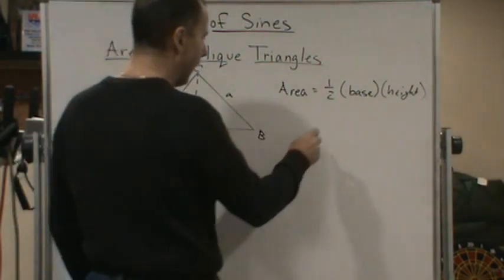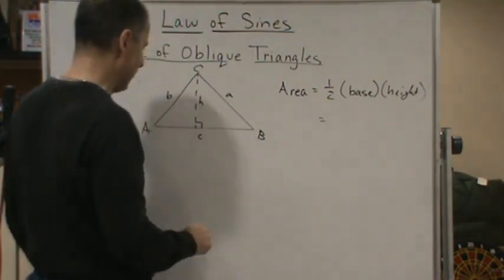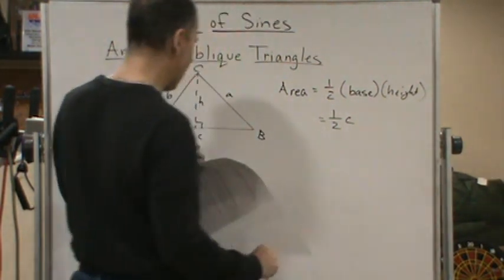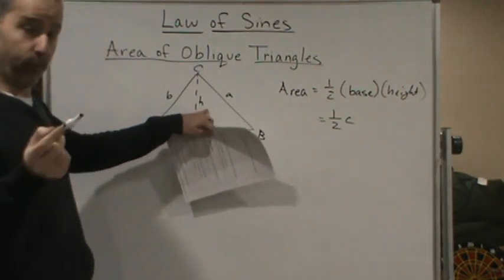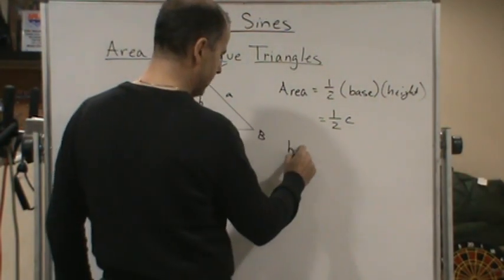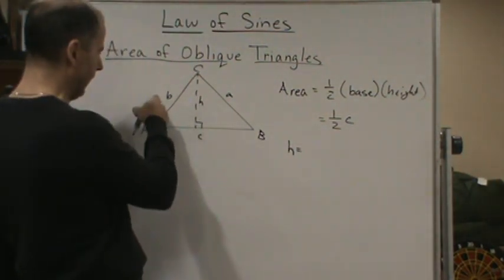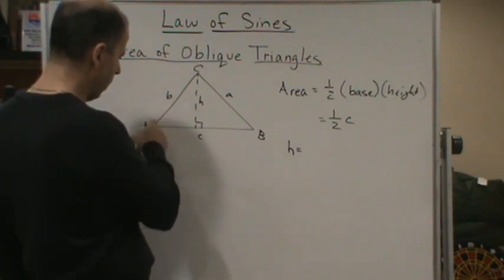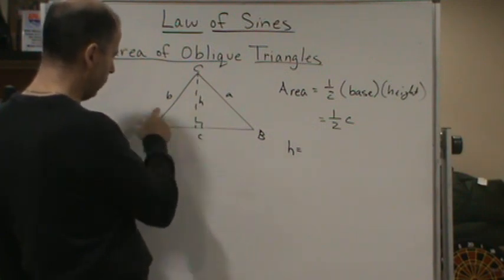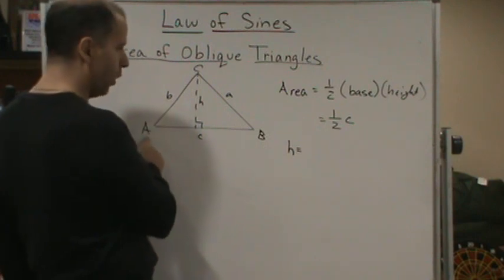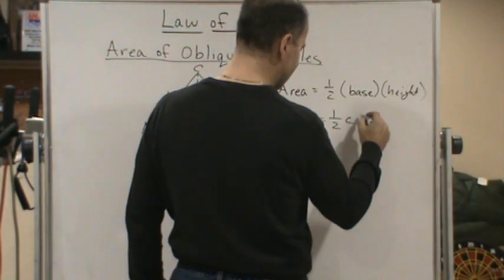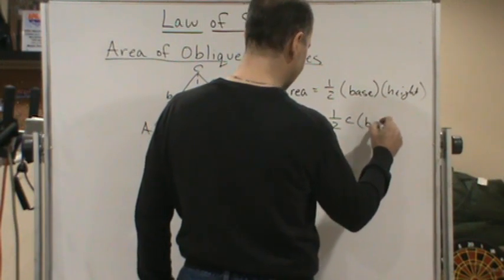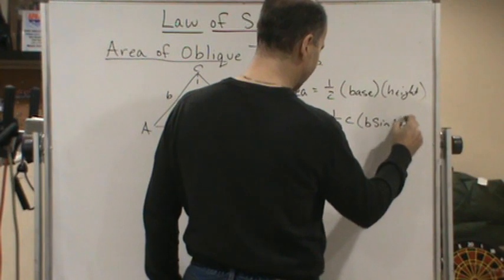But how do we get the height? Well, the base is c, so it's 1/2 c. Remember from before, we can get the height by using b, opposite over hypotenuse. So if we know A, then the height is going to be b times the sine of A.